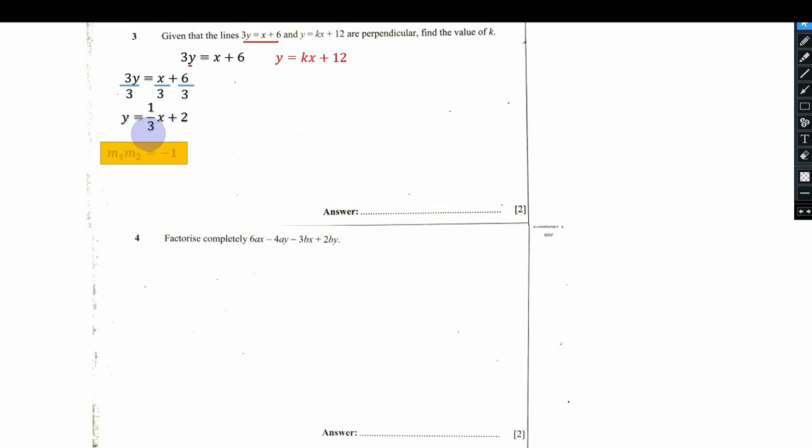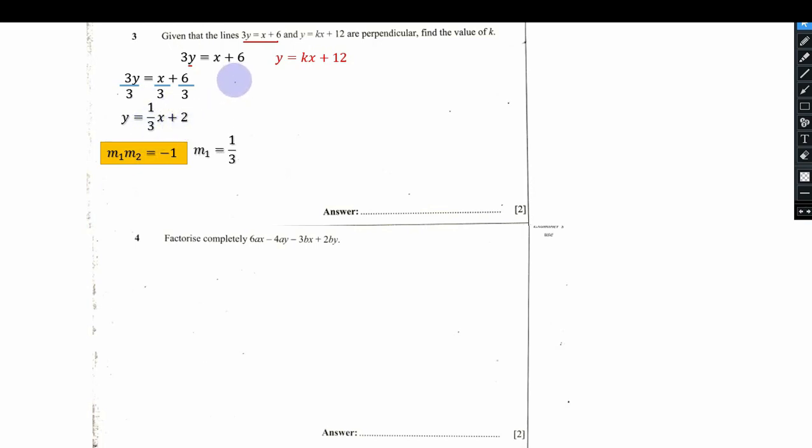So remember I've said when they are perpendicular, it means their gradients, when you multiply them, give you a negative 1. So gradient 1 is what we just found, this number in front of x.